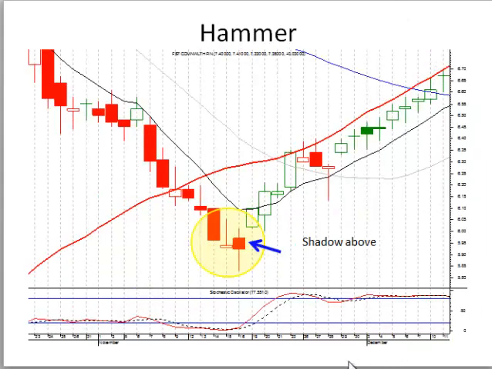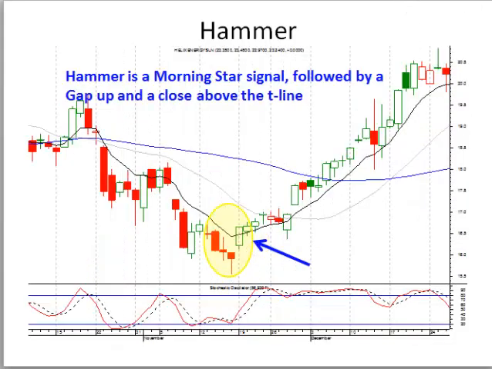A hammer type signal is with the extensive tail to the downside. It can have a little tail to the upside. It still represents the same thing, that they took it down lower and they brought it back and were trading near the top end of the trading range. Hammer signals can be part of other signals, such as a Morningstar type signal.